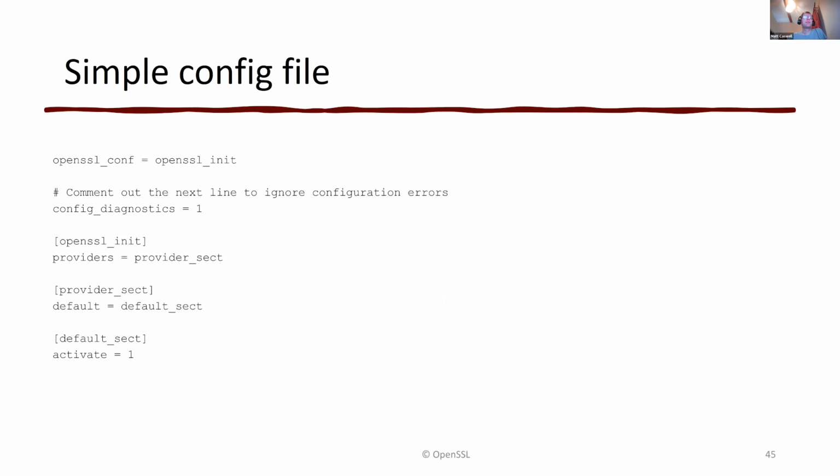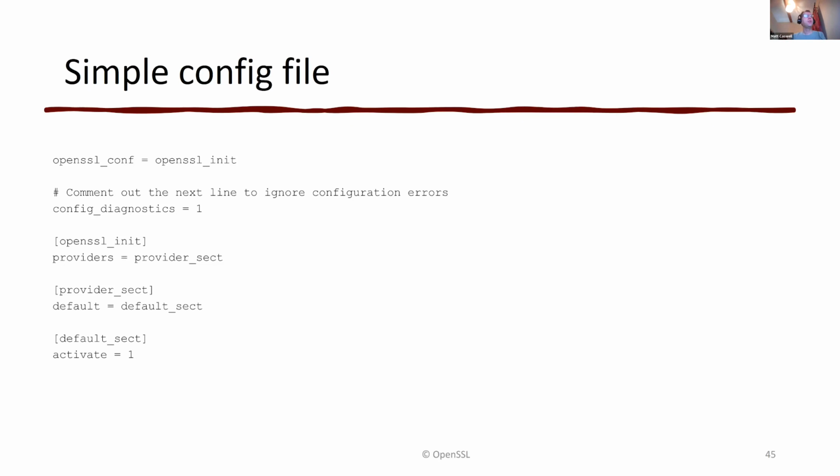So here is about the simplest config file you can get. All it does is load and activate the default provider. In that sense, it's kind of redundant because you don't really need a config file to do that. The default provider will load and activate anyway. But we're going to use this to build on in the following slides. So we start at the top there, openssl_conf. This just says the OpenSSL configuration is in a section called openssl_init.